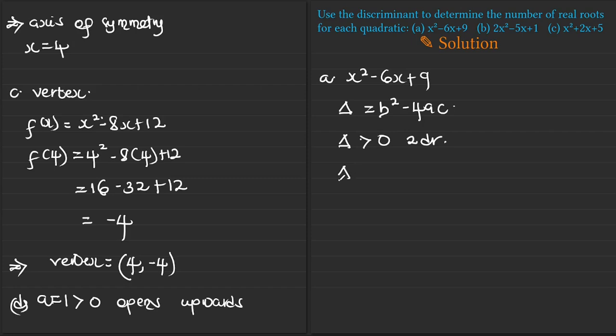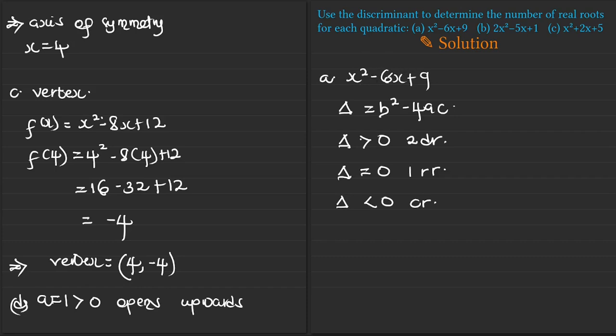When the discriminant is equal to 0, it has one repeated root. If our discriminant is less than 0, we said it has no real root at all, so we can say complex roots.